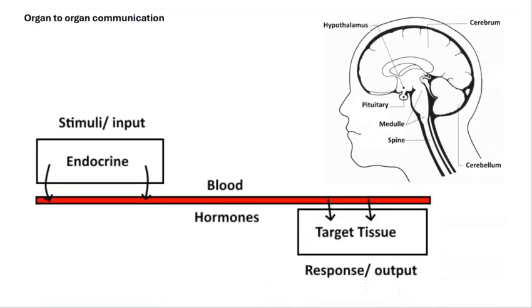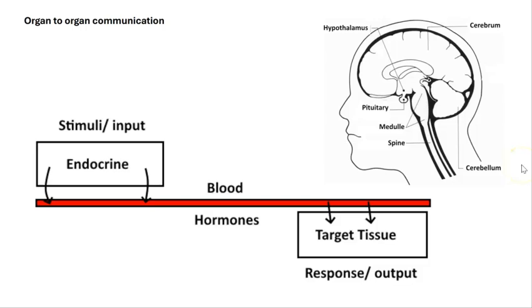Another system of integration is more internal, to do with organ-to-organ communication, and for that, of course, we have the endocrine system. The endocrine system, with its endocrine organs, producing hormones, secreting hormones into the bloodstream, and those hormones will travel from the endocrine gland in response to an incoming stimulus.